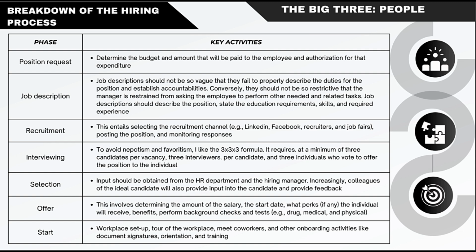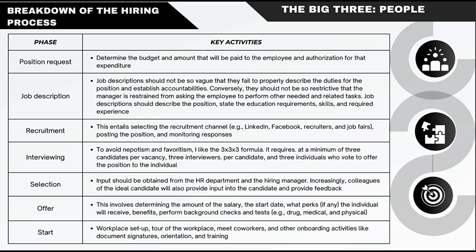In the recruitment phase of the hiring process, the primary goal is to attract qualified candidates for the position, where the key activities involve selecting the recruitment channel. This activity involves choosing the most appropriate channels or platforms to advertise the job opening and attract potential candidates.